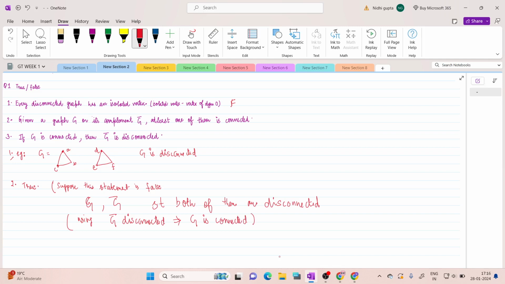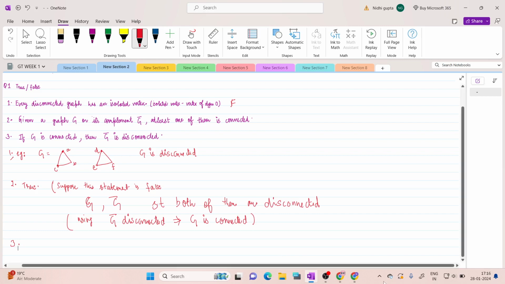Is the third statement true? The third statement is like the converse of the result. So we are asking, if G is connected, then will G bar be disconnected? Is it true or false?